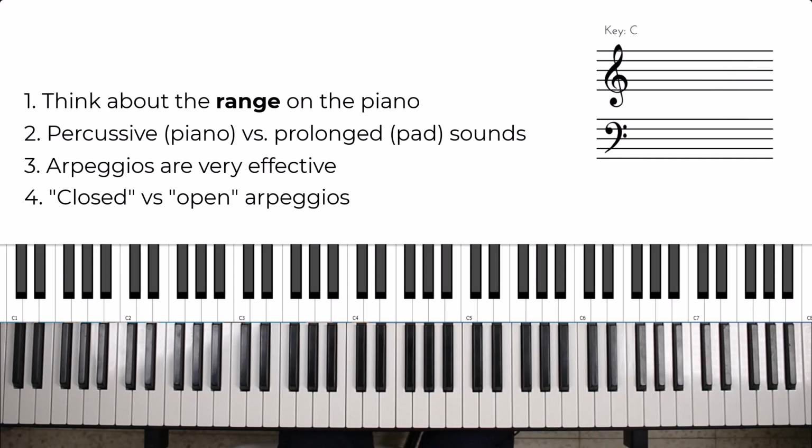Now there are more complex arpeggio patterns, and I have videos on this, and I'll probably make a few more down the line. But these will get you started and get you sounding good very quickly, right?